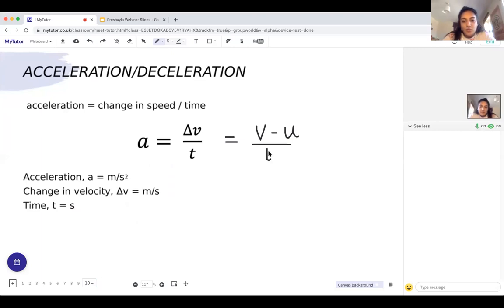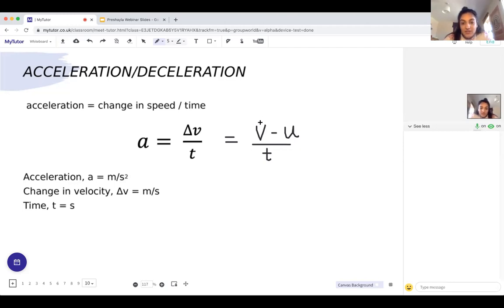So we have this triangle here. This triangle is called delta and it means change. The symbol, the triangle, means change. So delta V is the change in velocity or speed. Now, the way to work out the change in speed is by doing the final speed minus the initial speed.